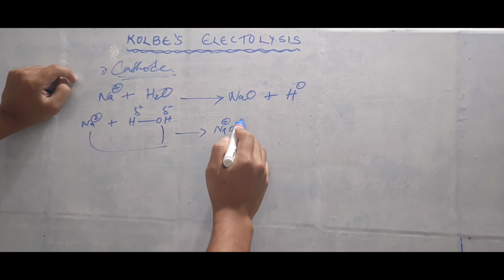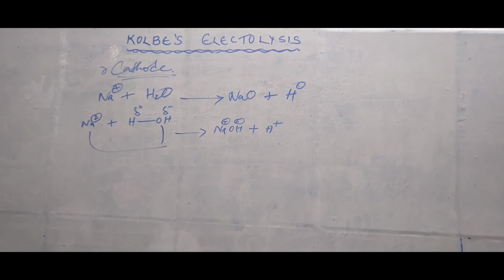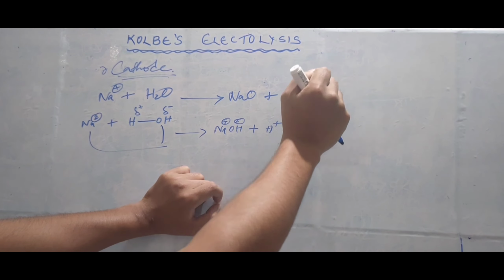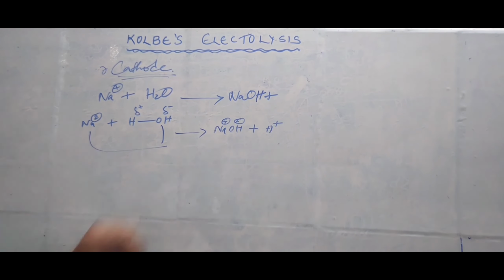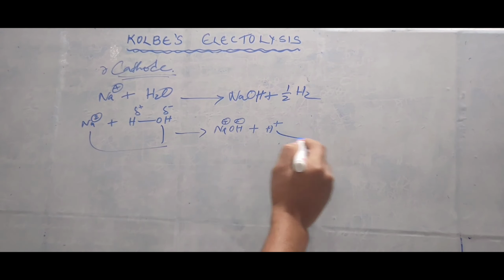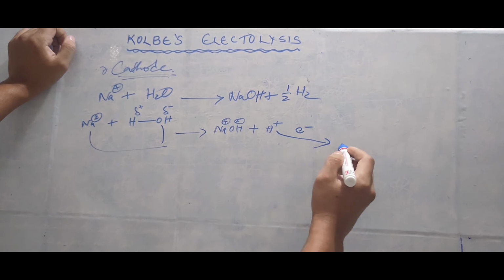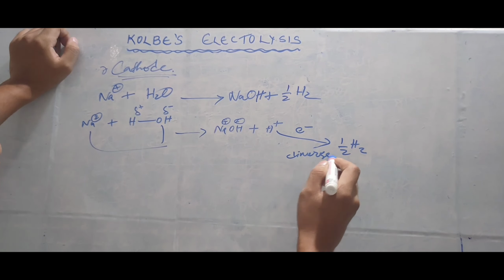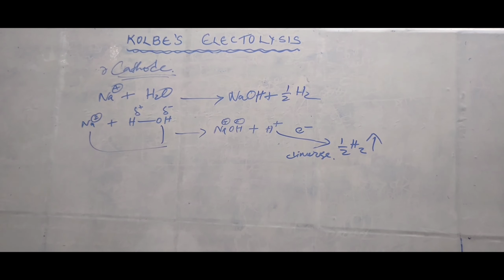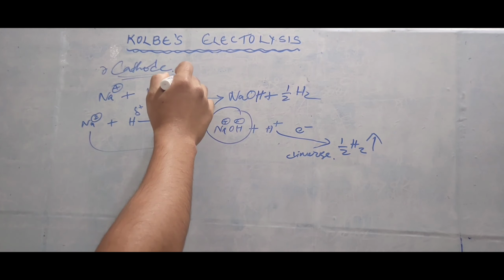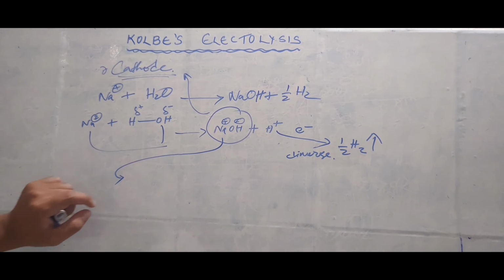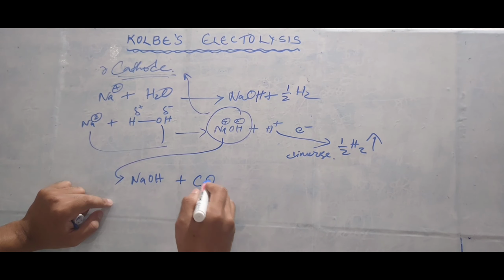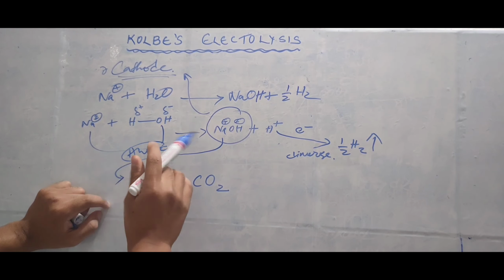The OH- of H2O combines with Na+, so finally we get NaOH and this H+. The electrons from COO- attach to the H+ and make an H dimer, that is hydrogen gas. Hydrogen gas is liberated at the cathode side.